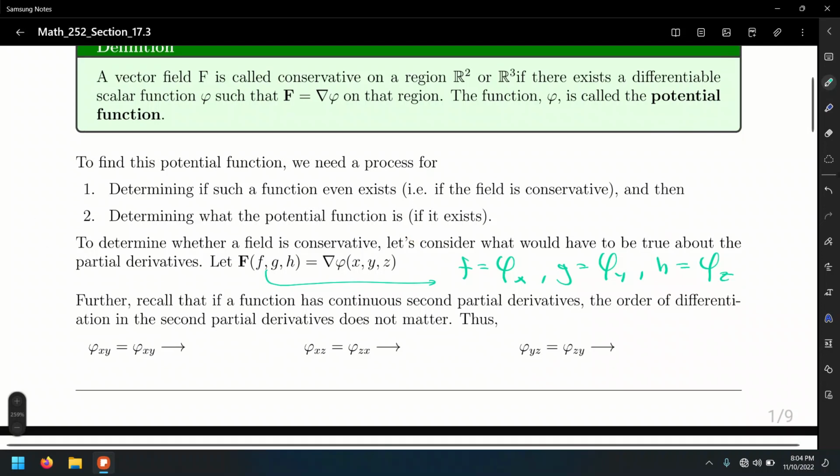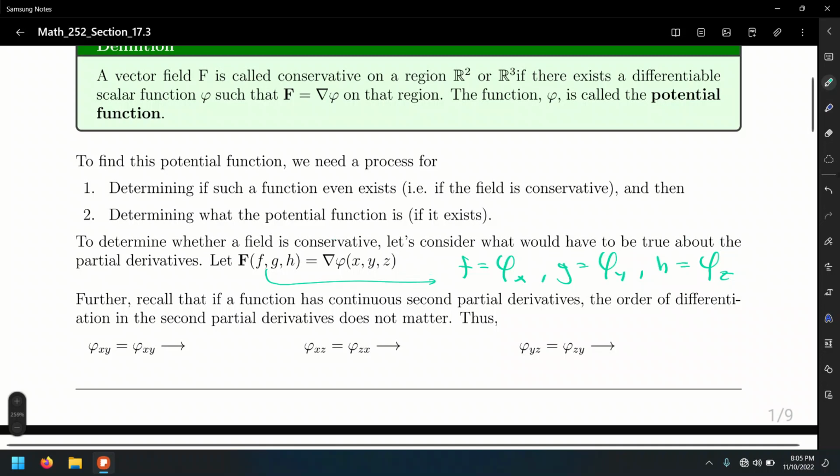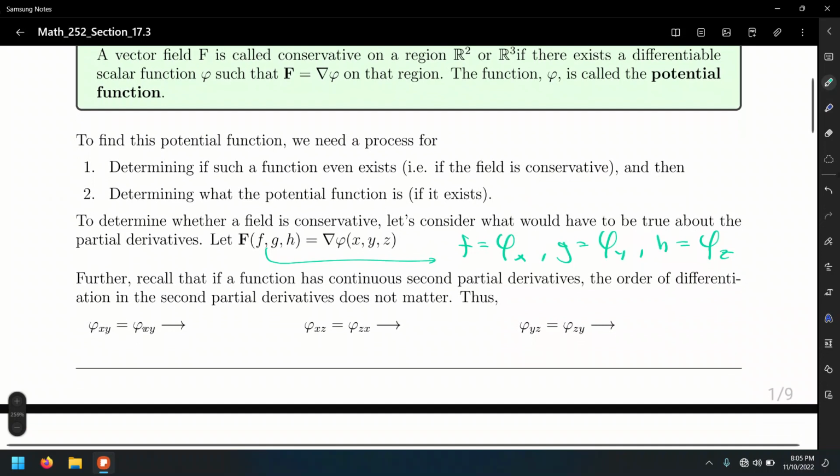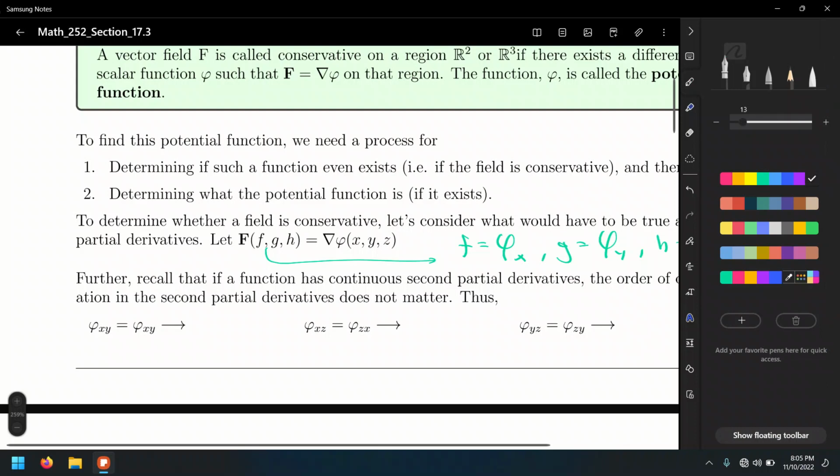Let's recall another property of partial derivatives, the equality of the mixed partial derivatives. You might recall that part. Whenever we find the second derivative with respect to x and then with respect to y, if we reverse the order, the partial derivative first with respect to y and then with respect to x, it is the same. By the way, I just noticed a little typo here: it should be yx.